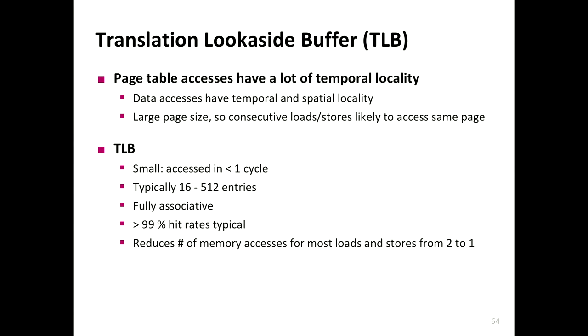You have to go through the entire search space and get your entry out. So it typically has a very high hit rate. So it really improves this by putting in this extra translation look-aside buffer, which is basically a cache for the page table. You actually improve the performance of your system dramatically.